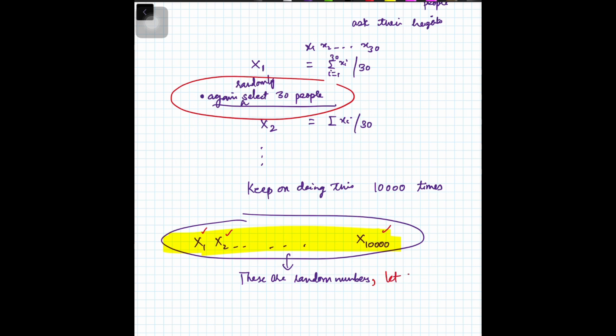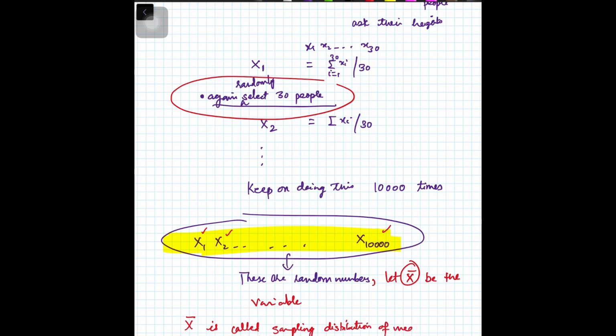Let x bar be the variable, and these numbers are the realizations of this x bar variable. So x bar is called the sampling distribution of mean.